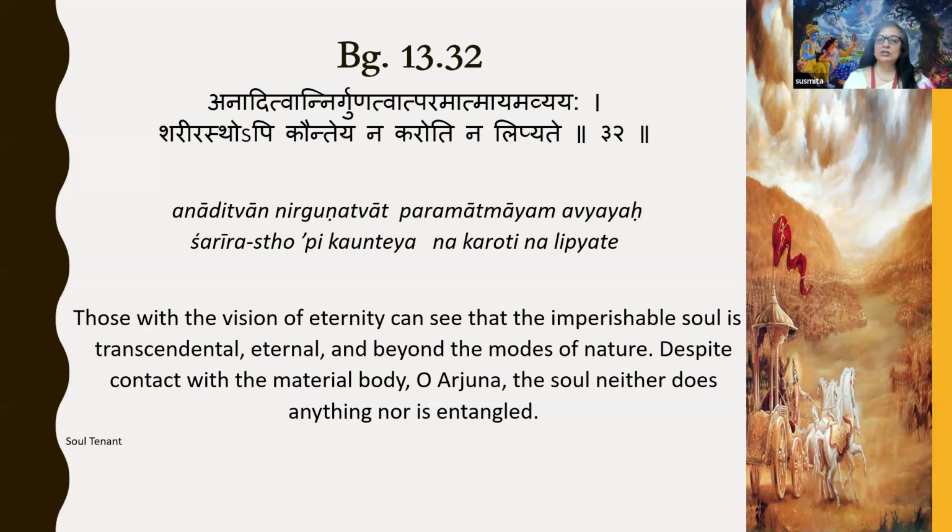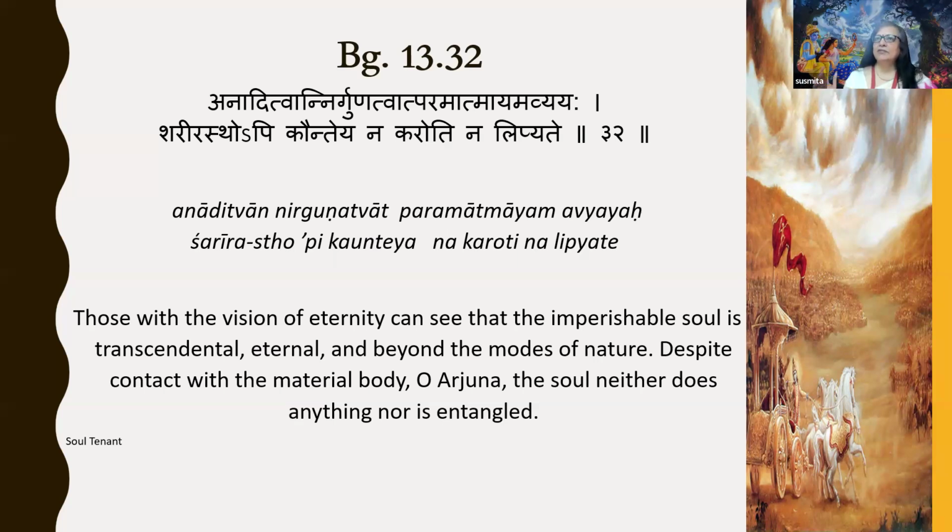Now here Krishna talks about those with a vision of eternity. Someone who has achieved that vision, how will that person see? The soul is anadi, beginningless, eternal. Nirgunatma, it is nirgun. Then param, it is transcendental.